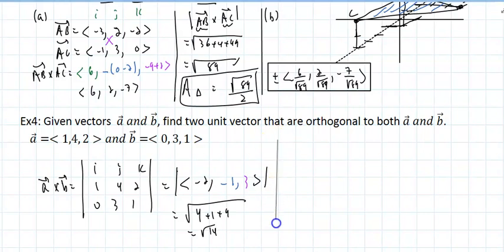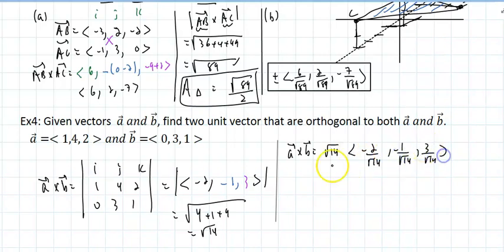So, the author is going to ask a lot for the length. I could say A cross B is radical 14 times -2 over radical 14, -1 over radical 14, and 3 over radical 14. This is the length, and this is the direction. What's so special about the direction?